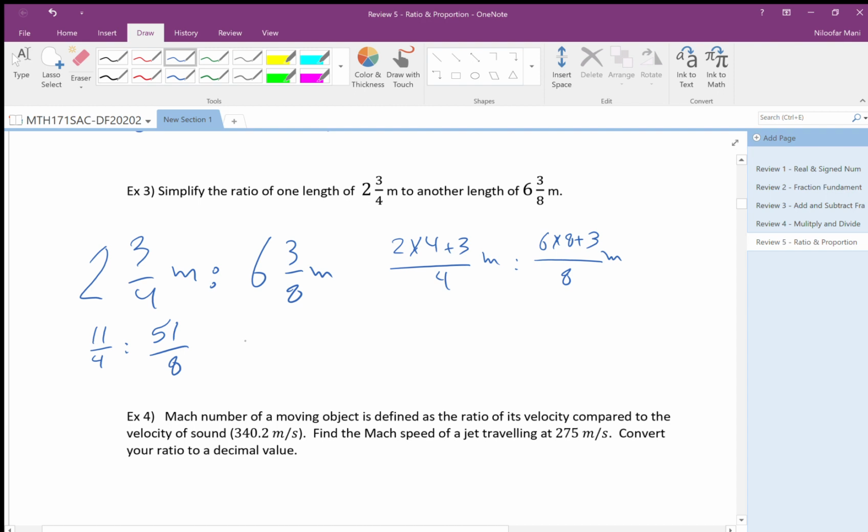Okay, yes, I know I can say I'm comparing, but I tell you, you can show it like a fraction, so you can simplify it. So it's 11/4 divided by 51/8, which is 11/4 multiplied by 8/51, which is 22 to 51.